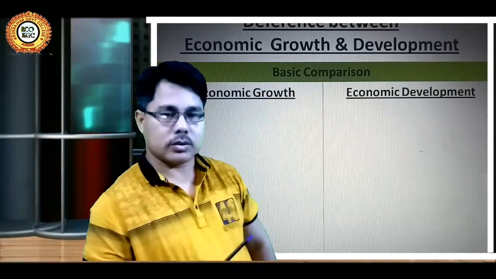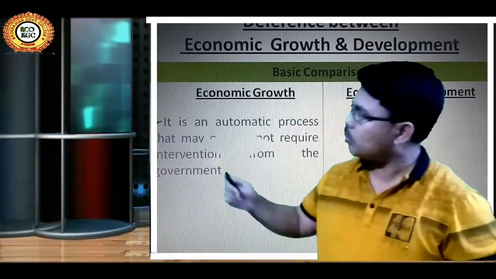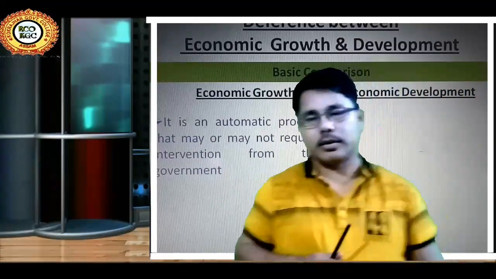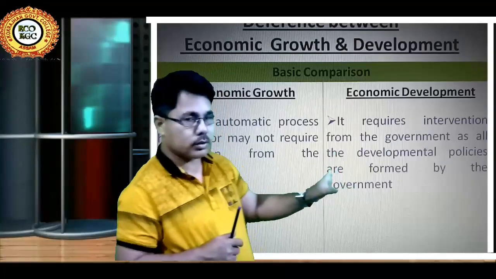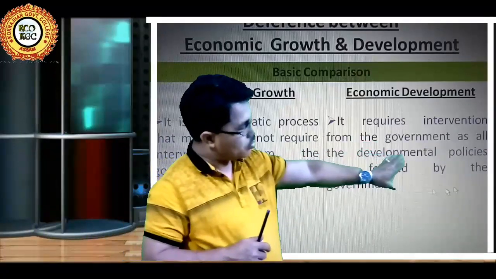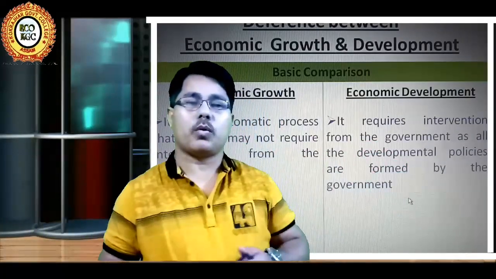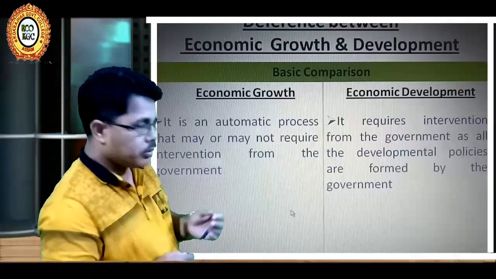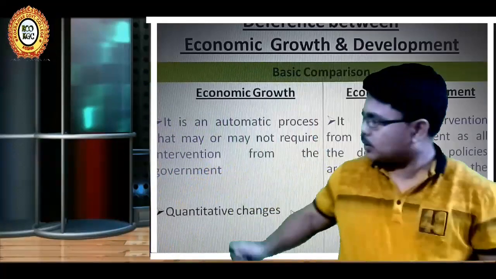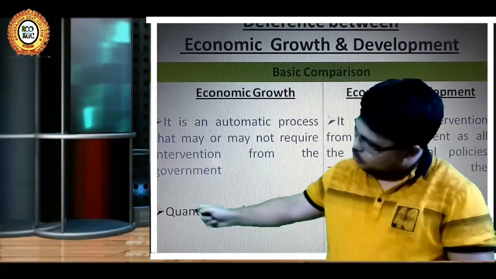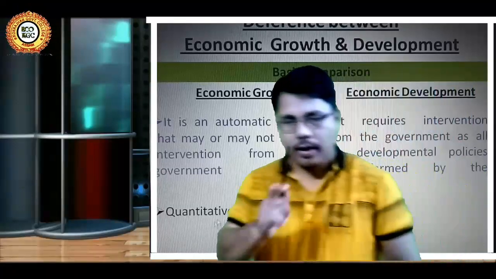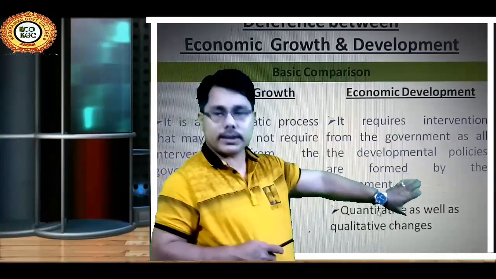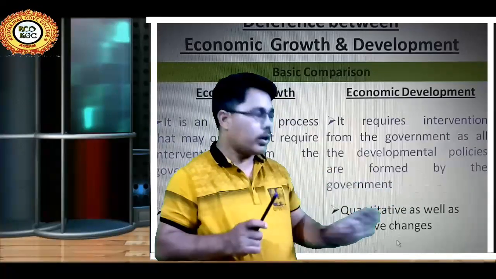Economic growth supports an automatic process that may or may not require intervention from the government. On the other hand, economic development requires intervention from government agencies as well as the developmental policies of the government or other agencies. Another point we have found here is that the expected changes of economic growth are quantitative, whereas most of the changes required for economic development are quantitative and qualitative.